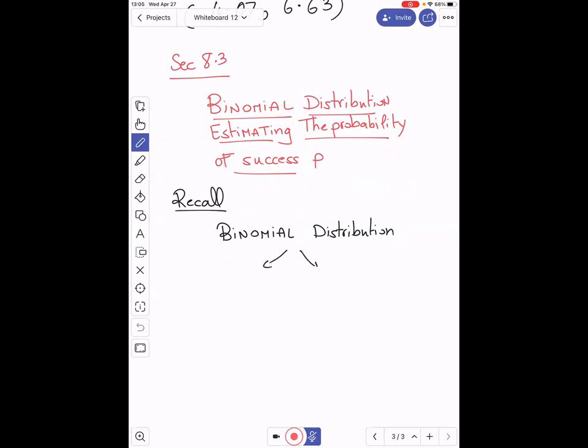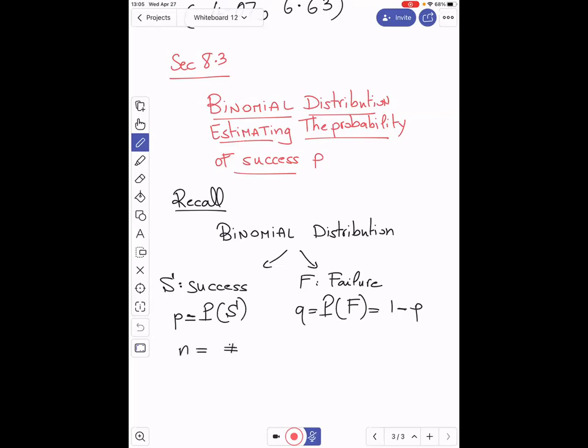We had two possible outcomes of interest: a success, capital S, and a failure, capital F. There is P, the probability of success, and Q, the probability of failure, which is always 1 minus P. There's N, the number of trials, and R, the number of successes.